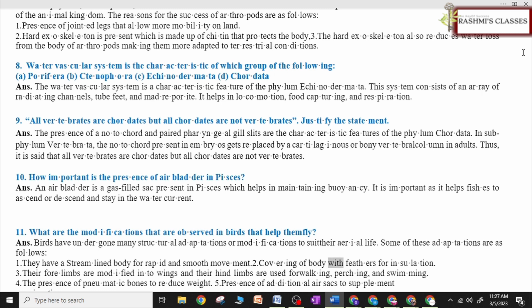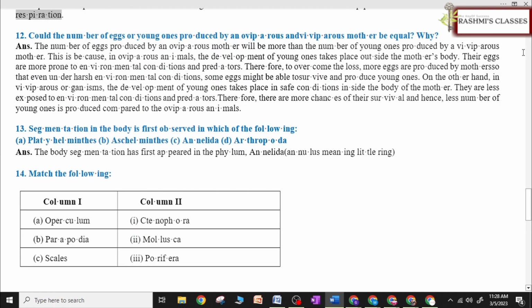Covering a body with feathers for insulation. 3. Their forelimbs are modified into wings, and their hind limbs are used for walking, perching, and swimming. 4. The presence of pneumatic bones to reduce weight. 5. Presence of additional air sacs to supplement respiration.